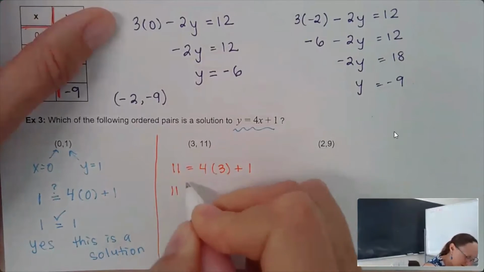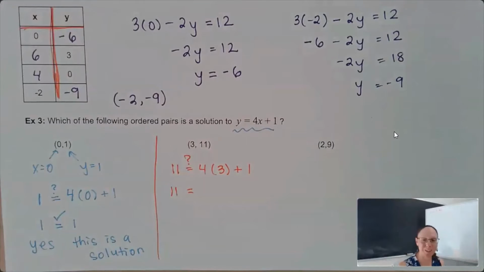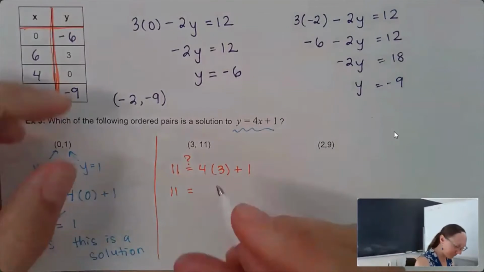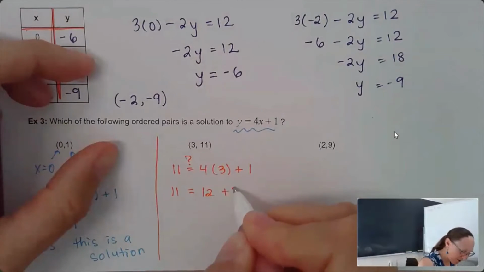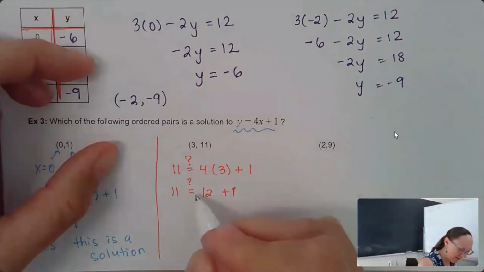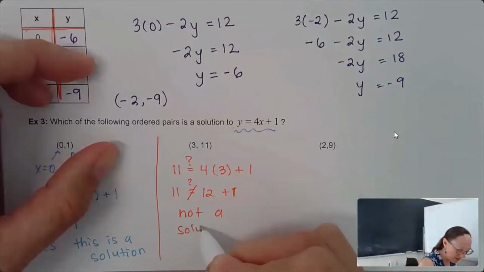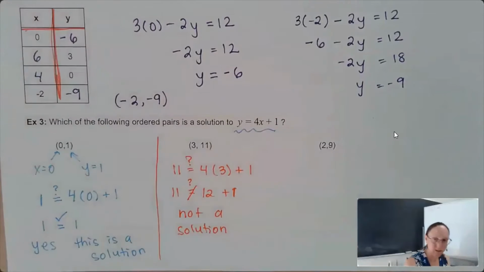And I'm going to put a question mark there because I don't know that they're equal. We're checking to see if they're equal. Is 11 equal to 12 plus 1? And no, they are not equal. This is not a solution. And how about 2, 9? Is that a solution?